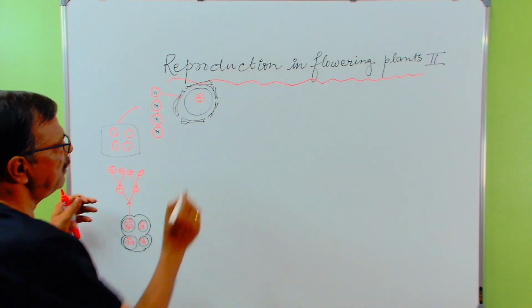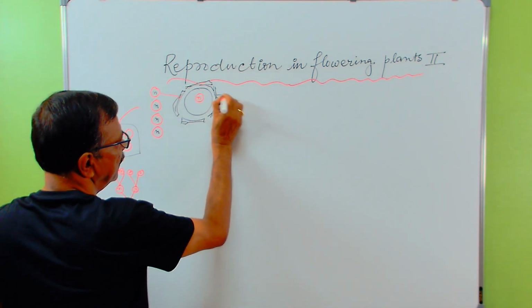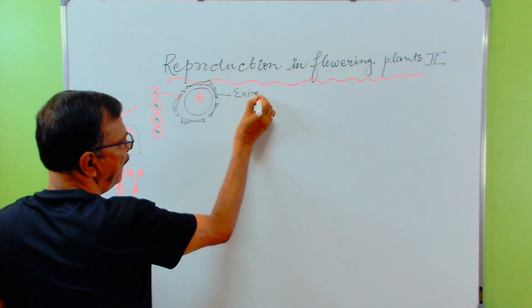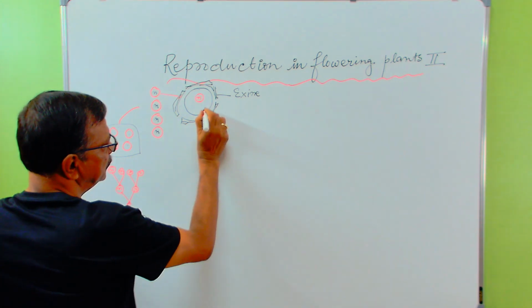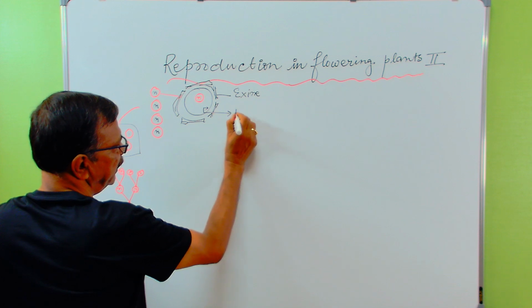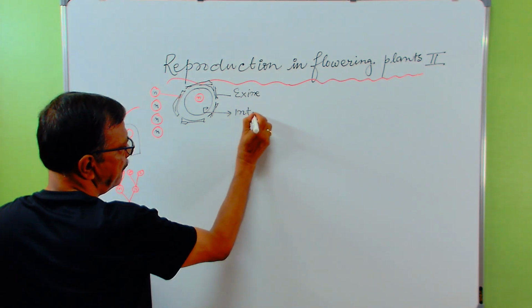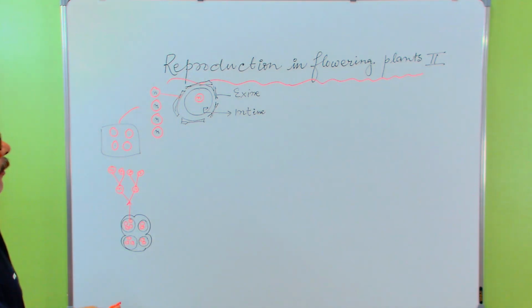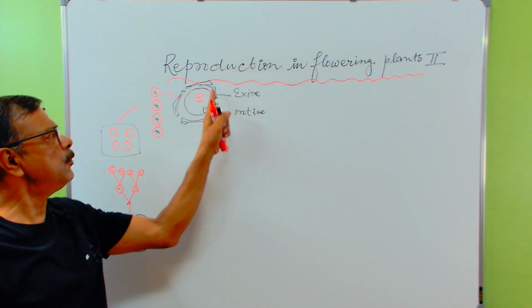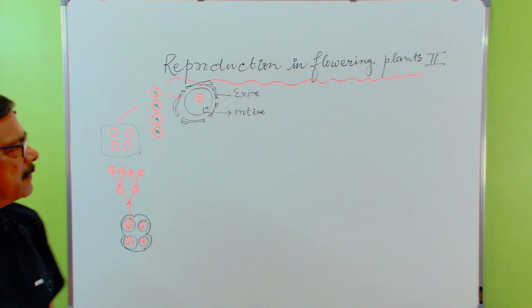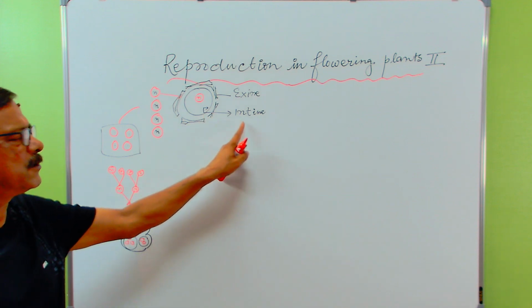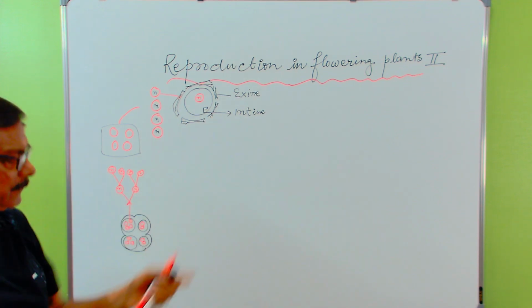The outer one we call exine, and the inner one we call intine. So the pollen grain has 2 layers. The outer layer is known as exine, and the inner one is known as intine.